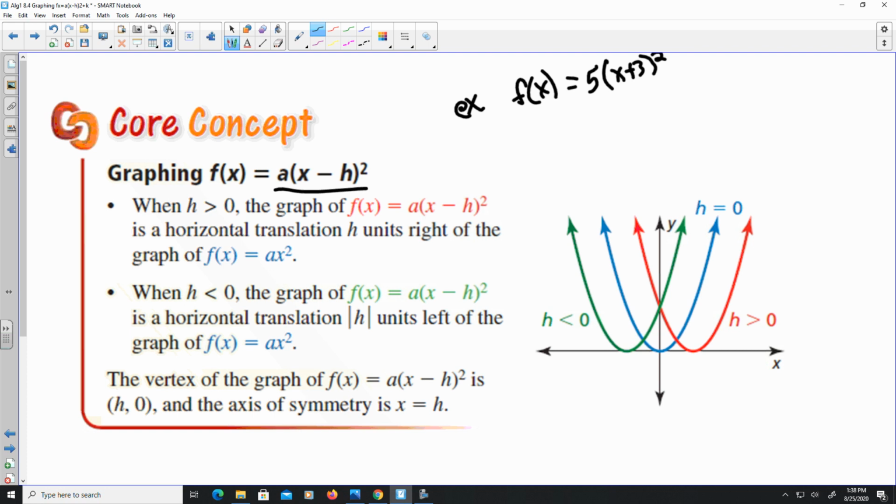What you have to keep in mind is that because it's a minus h, it's always going to be the opposite of how it is interpreted. Because it shows up as plus 3, your h is actually negative 3, because minus a negative number changes the sign and becomes positive. Because h is negative 3, that means your vertex moved to the left 3 units.